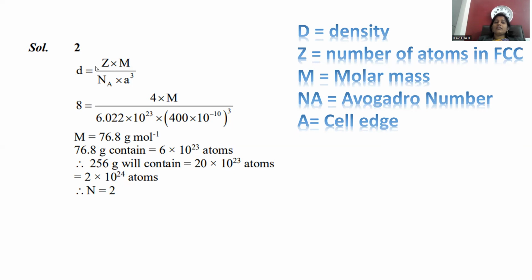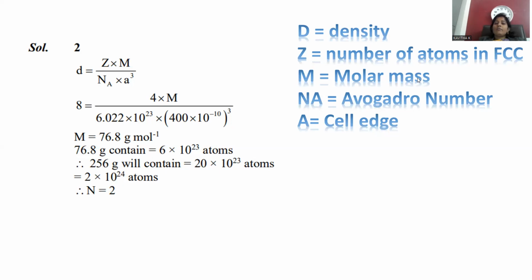D is the density, and Z is the number of atoms present in the FCC unit cell. Just now we calculated that the number of atoms is 4: each face contributing half, each corner contributing 1 by 8, with 6 faces and 8 corners, so a total of 4 atoms for FCC.